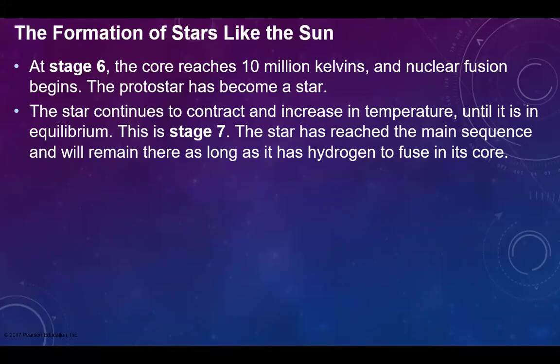The outer layers will expand a little because everything is going to heat up. The whole star is going to get hotter. It will move up and then settle onto the main sequence, where it will sit for something like the sun, something like 10 billion years. So the star reaches the main sequence and will remain there as long as it has hydrogen to fuse in its core.